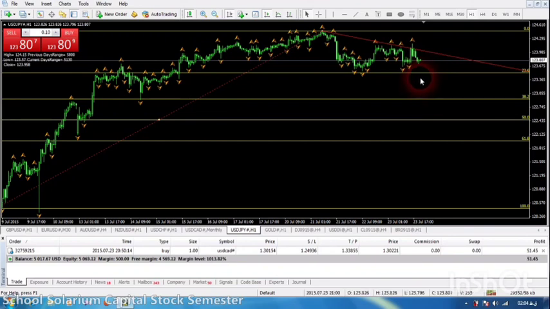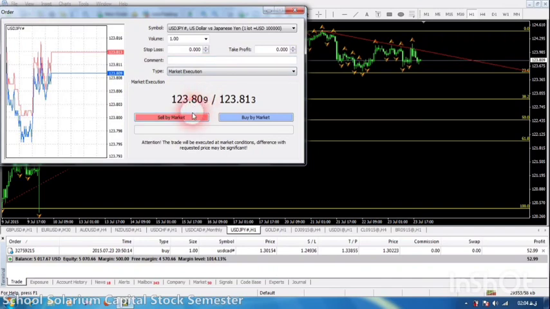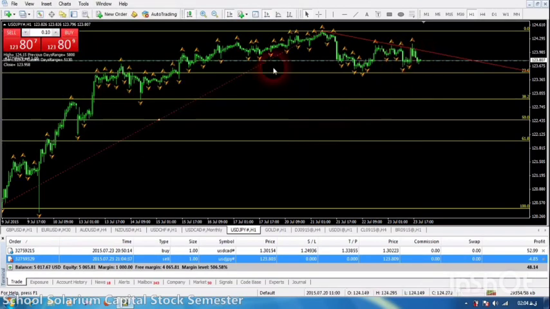So imagine that right now I have the confirmation that I'm going to have a downtrend. So I'm going to open a sell order here, and I'm going to put my stop loss where the price was closed in the past, and I will put my take profit based on my Fibonacci levels.